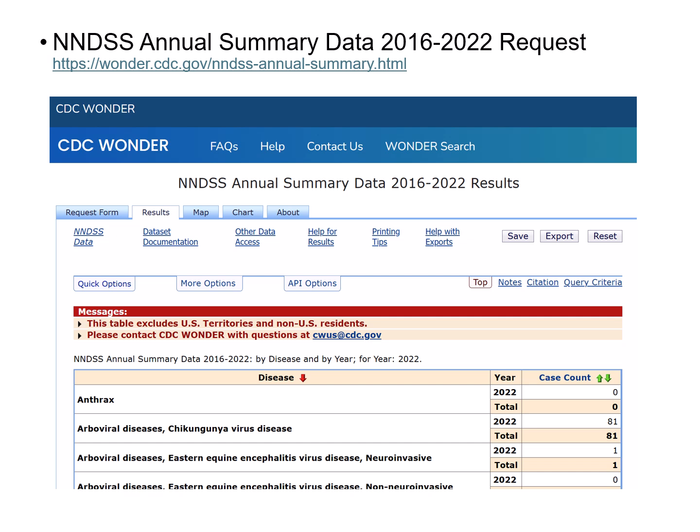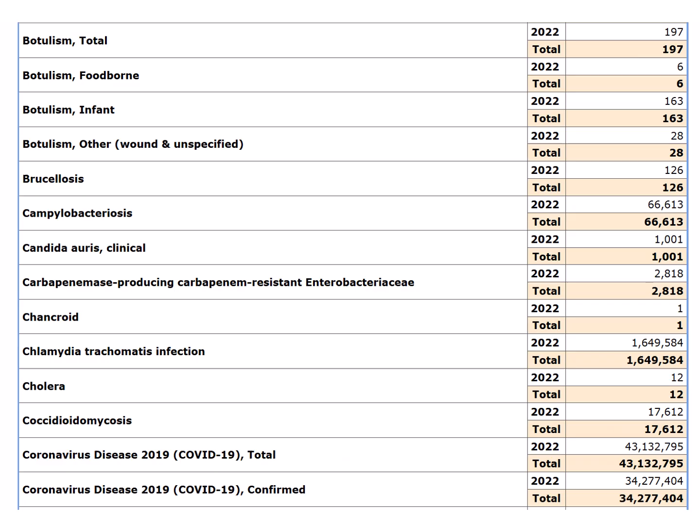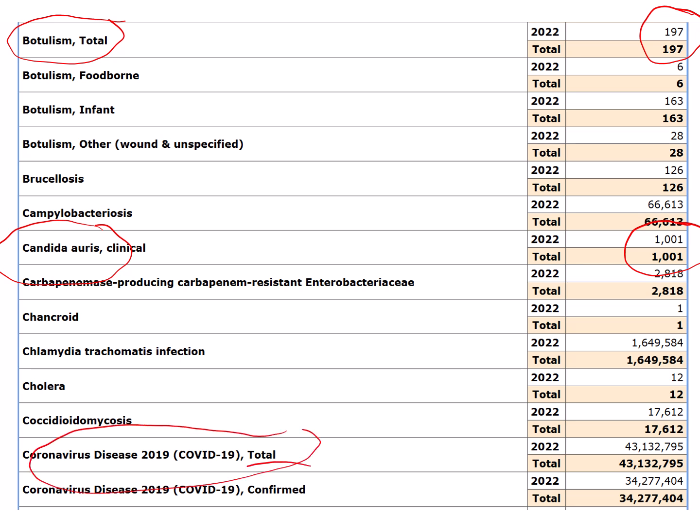And I searched for all diseases, and this is an annual summary for 2022. You can see the number of different cases of diseases for this year. Here I scroll down. This is the same summary from 2022, looking at different diseases. Total botulism, we had about 197 that year. Candida, this yeast infection, we had over 1,000. And the total versus confirmed cases of COVID, you can see, are in the tens of millions.